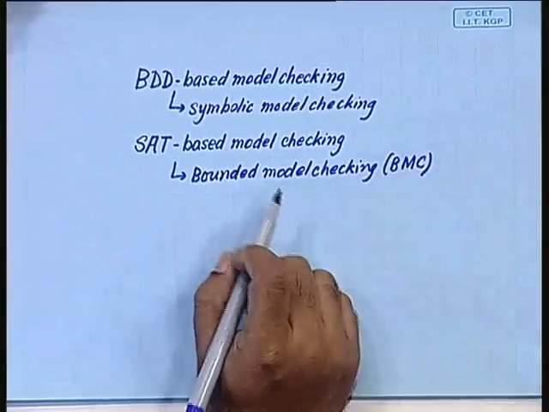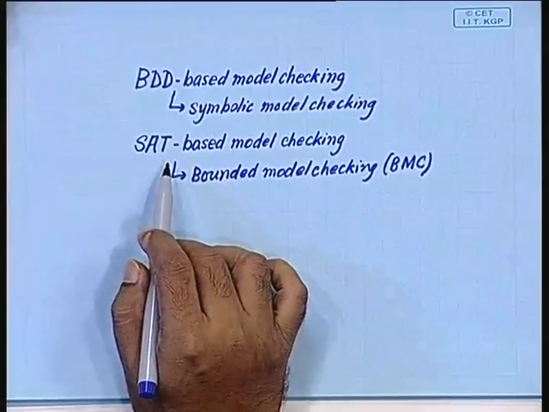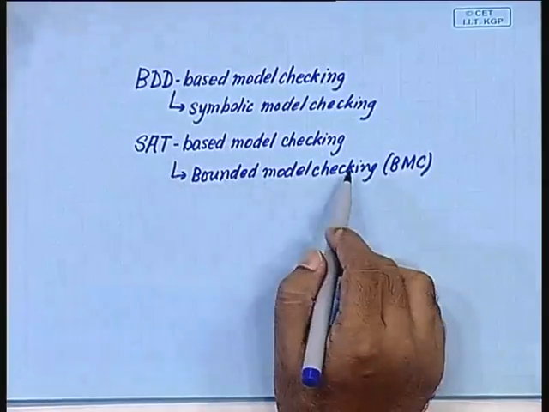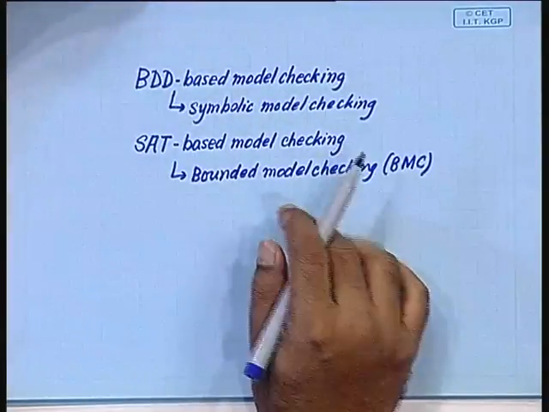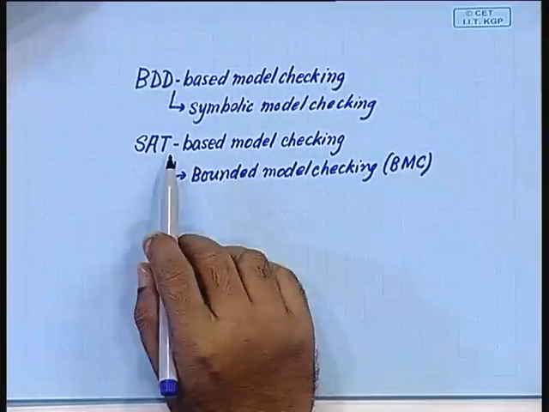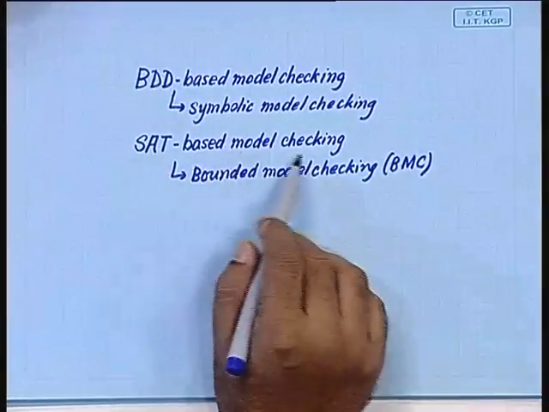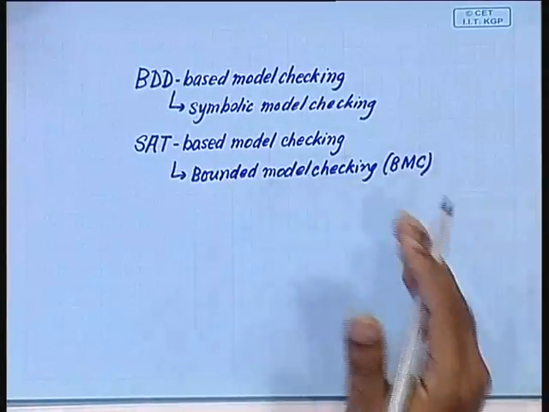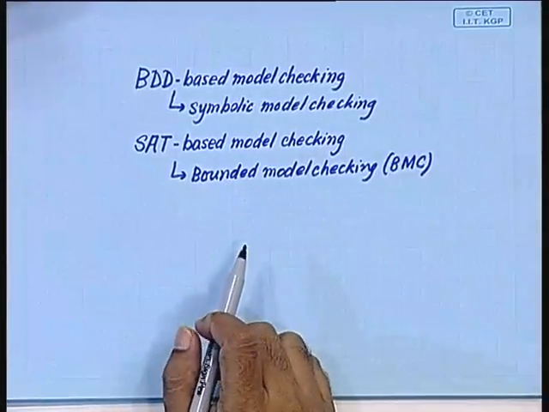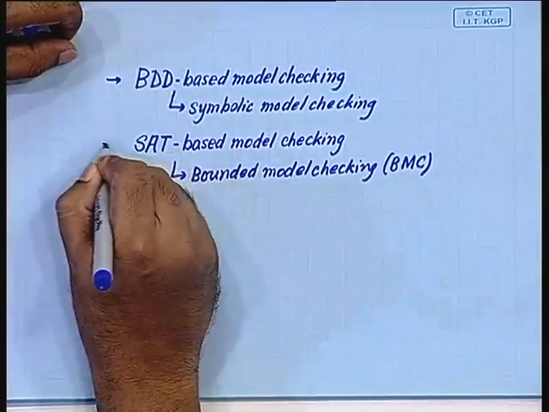So, again colloquially people try to relate these two, but philosophically bounded model checking is only working the model checking algorithm with certain bounds. So, there is no reason why that should have anything to do with SAT, but SAT based model checking algorithms typically work with these bounds. So, they are BMC approaches. We are going to look at these two in some detail.